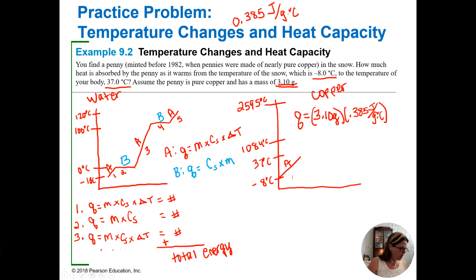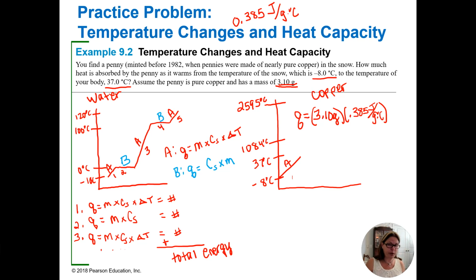All that matters is the net change in temperature. So final minus initial. Don't worry about having positive and negative values. In chemistry, the positive and negative indicate to us direction. If the overall temperature change is negative, that means it's cooling down. If the overall temperature change is positive, that means it's heating up.